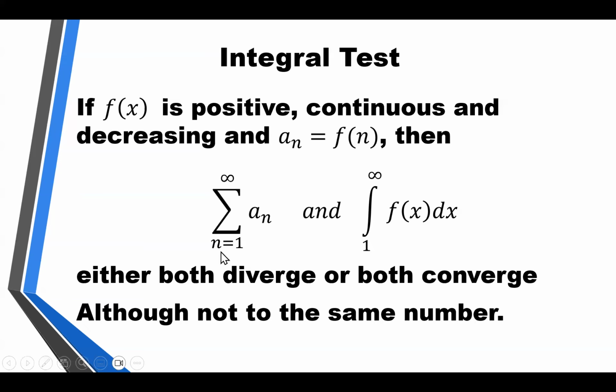That means if I want to find whether this infinite series is going to diverge or converge, I can calculate this integral. If the integral converges, I know the series will converge. If the integral diverges, I know the series will diverge. Again, if it does converge, it won't be to the same number.